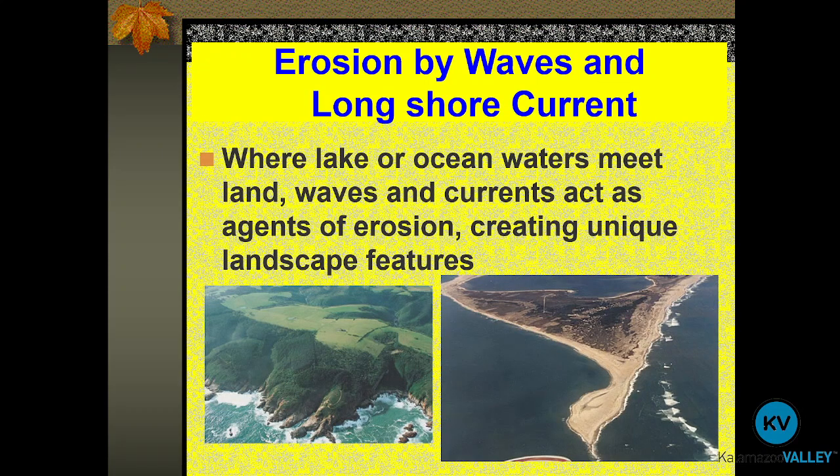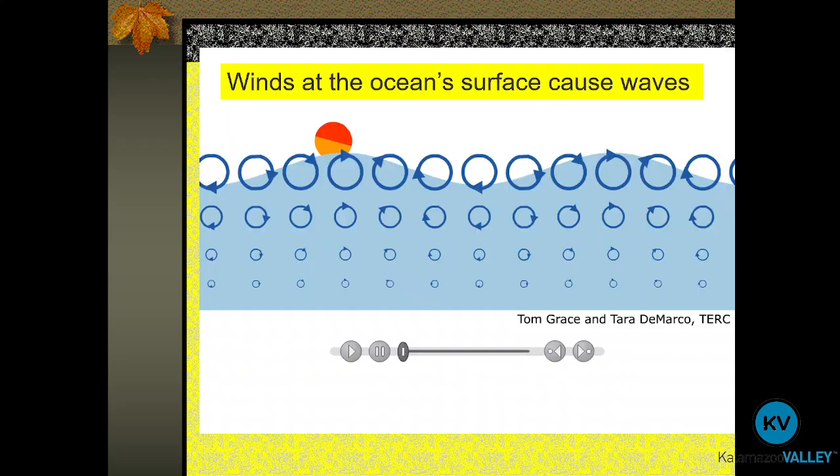And on the note of coastal areas, we also get different types of erosion associated with those environments specifically. So this is erosion that is predominantly controlled by wave action, or in other words, a longshore current. So first, to understand that, we have to understand that the motion of the ocean is not so much a wave as it is a circle.